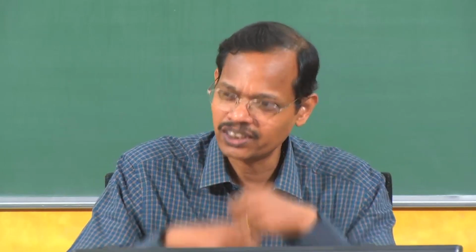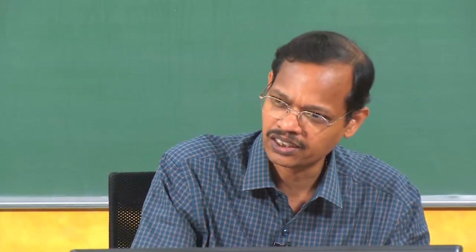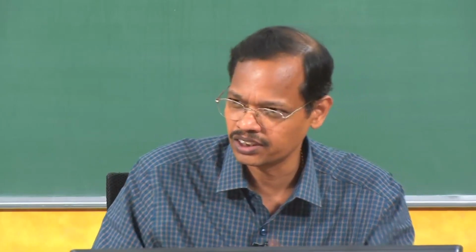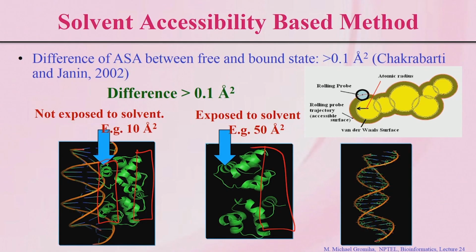But for the free protein, we take the amino acid sequence and look for structures without any ligands, without any DNA. In this case you can see the change in conformation, and because of it you can see the difference in accessible surface area. Sometimes it is higher in the complex than in the free protein. Then I will show an example of protein interaction complexes.